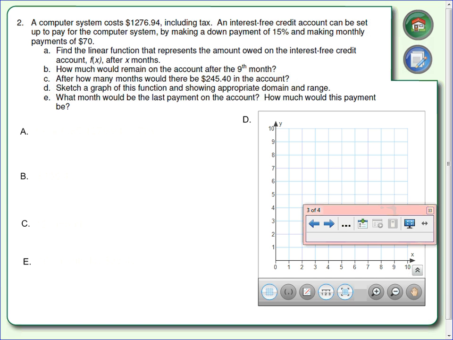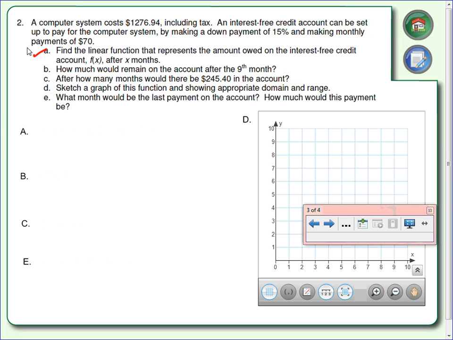However, you do have to make a down payment of 15%. So you're going to have to pay 15% right up front. After that, you're going to start making payments of $70. That's what they're telling us in the scenario. So let's see what Part A is asking for. Part A, they want us to find the linear function that represents the amount owed in the interest-free credit account, f of x, after x months.